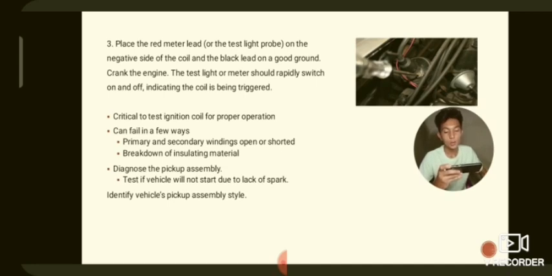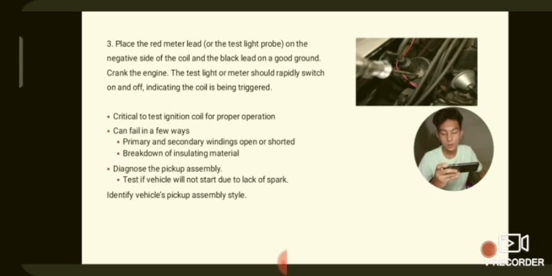So, sa number 3 natin, procedure ng pagte-test natin, paggamit ng test light. Ikokonekta natin doon sa ignition coil natin yung test light. Tututok natin yung test light doon sa pulley, doon sa crankshaft while cranking. Habang umaandar, tamang RPM din, tamang spark testing natin sa system.